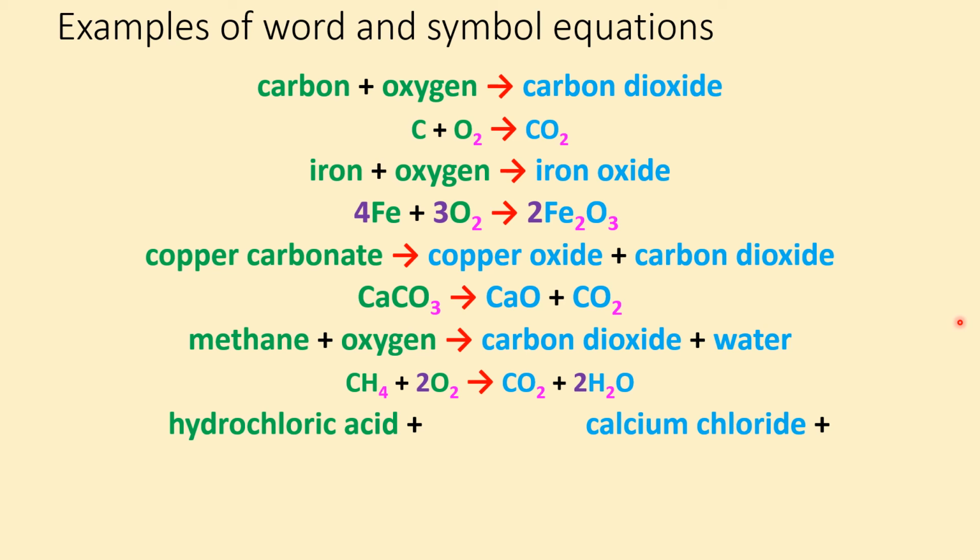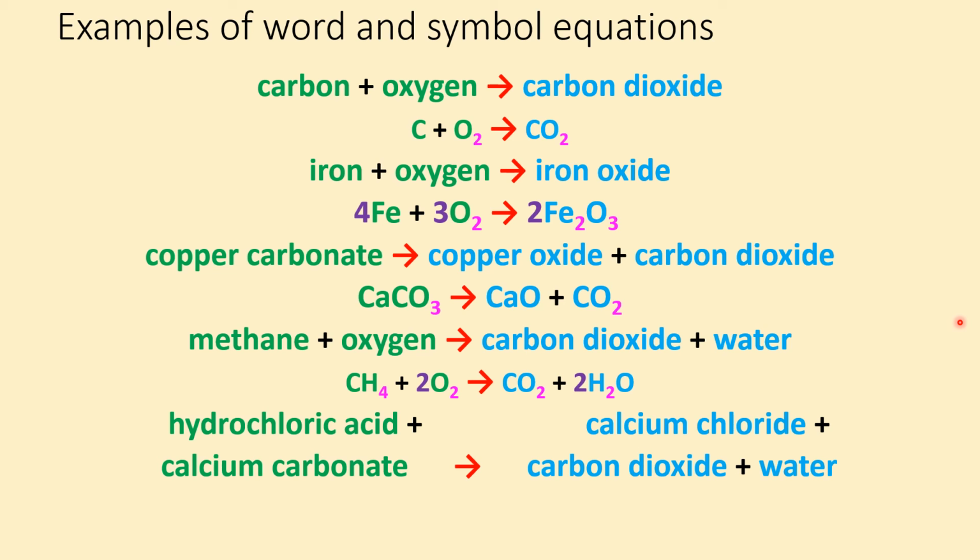And then we've got hydrochloric acid plus calcium carbonate, arrow calcium chloride plus carbon dioxide plus water. And the symbol equation: 2HCl plus CaCO3, just one of those because there's no numbers next to it.